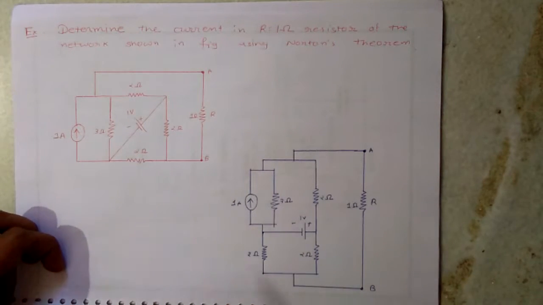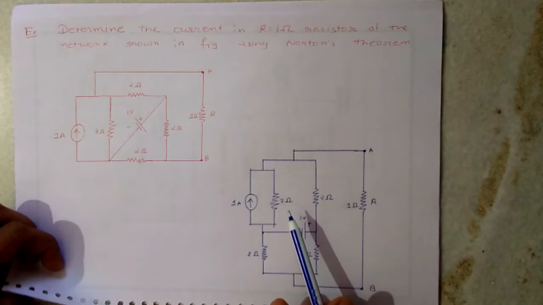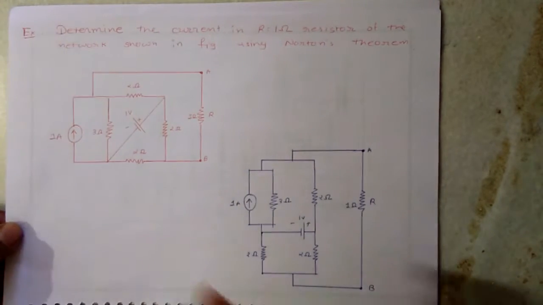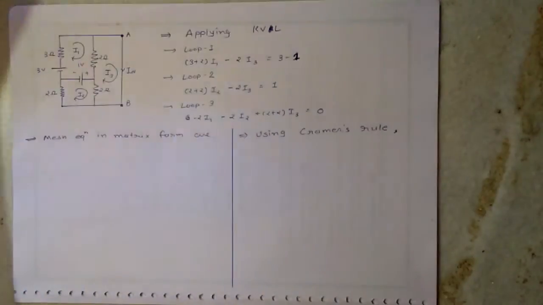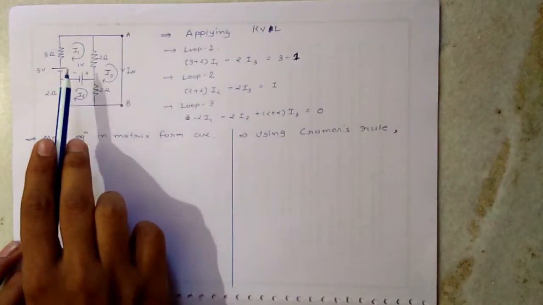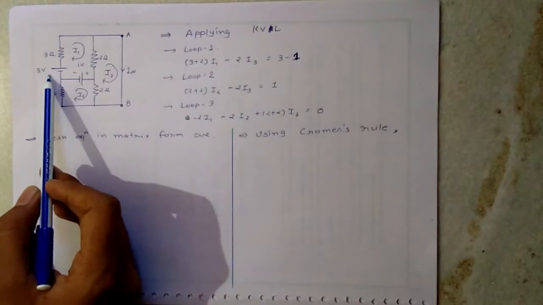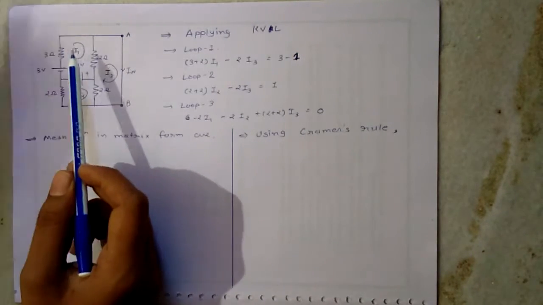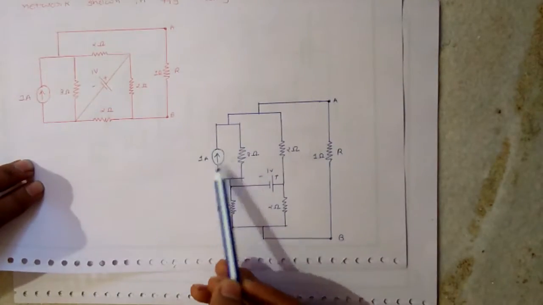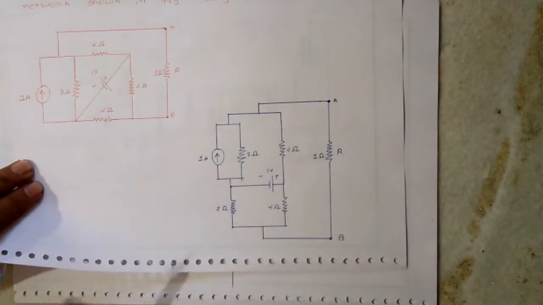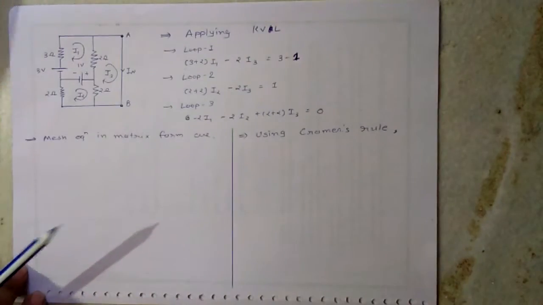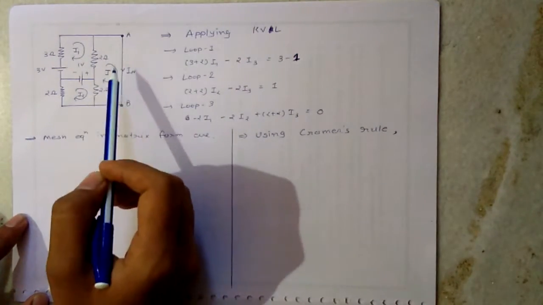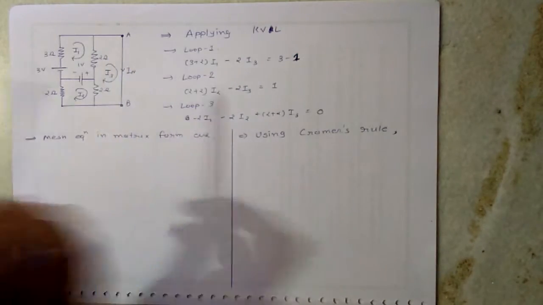The multiplication will be 3, and this 3 ohm resistance will be connected in series with the voltage source, as shown in the figure. Here, as shown in the figure, 3 volt is here and 3 ohm resistance is here. That is made up from the 1 ampere current source and 3 ohm resistor. All the rest remains the same except this 1 ohm resistance is short circuited.